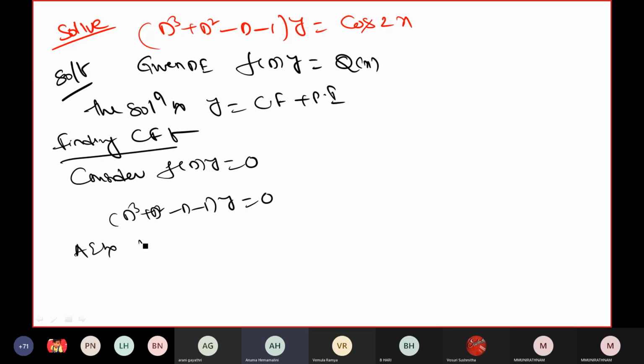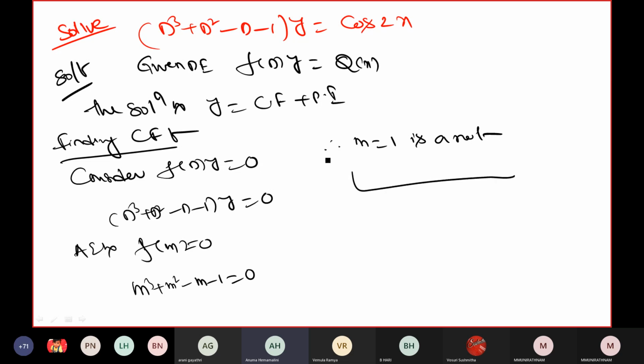Auxiliary equation is f of m equal to 0. So m cube plus m square minus m minus 1. Sum of all coefficients will be 0. Therefore, m equal to 1 is a root. You can substitute by synthetic division.